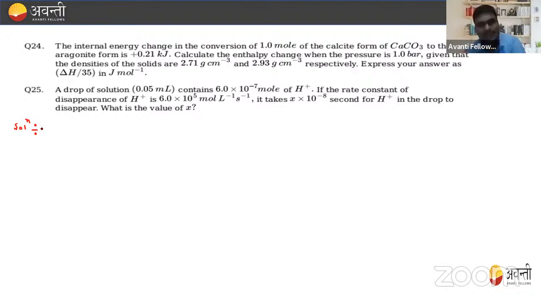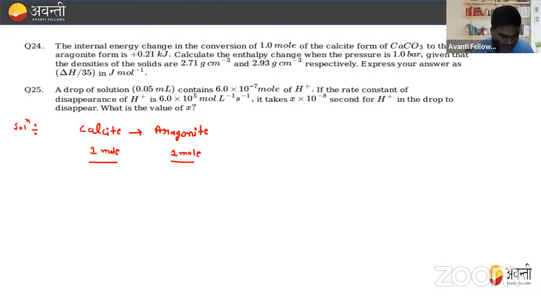So the internal energy change in the conversion of 1 mole of calcite is given. When the calcite is converted into aragonite, 1 mole of each, so 1 mole of calcite is converted into 1 mole of aragonite.